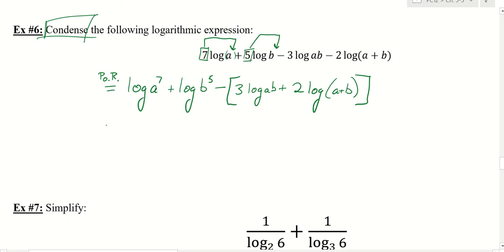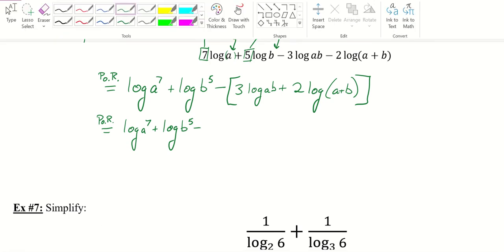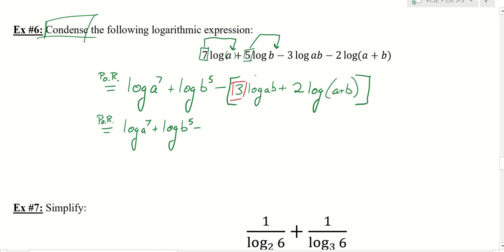Now let's apply the power rule again, but on the inside of the brackets on the right here. So minus, I'm going to take this 3 and write it as the exponent on this entire input, not just on the a, not just on the b, but on both. And then I'm going to take this coefficient of 2 and do the same thing, applying it to the entire input.